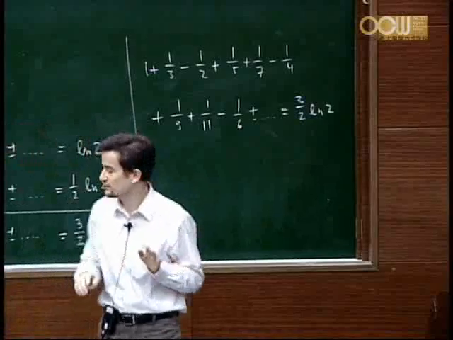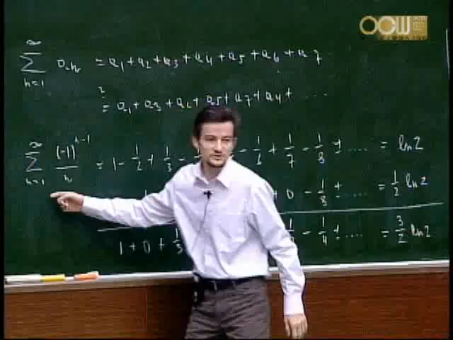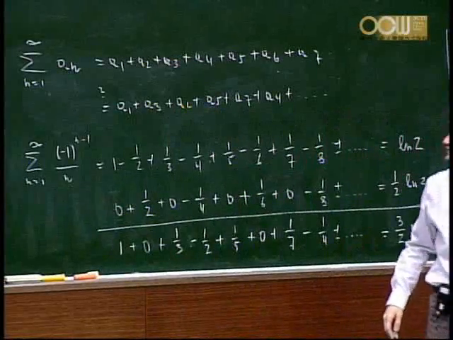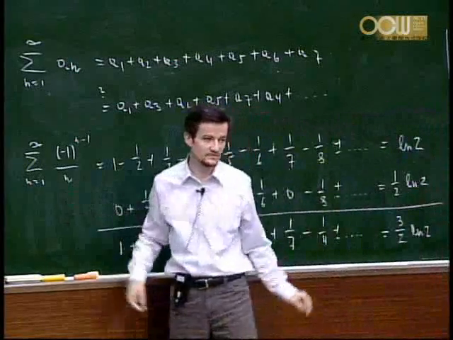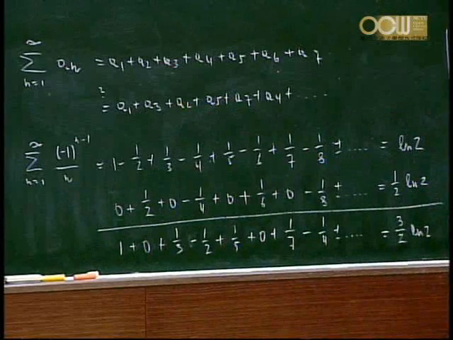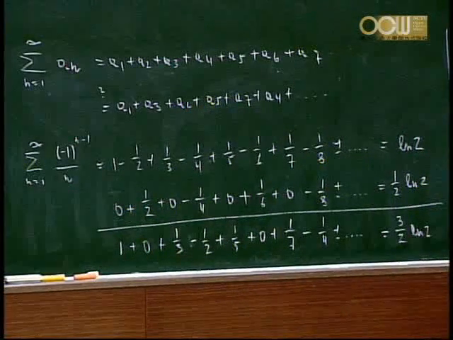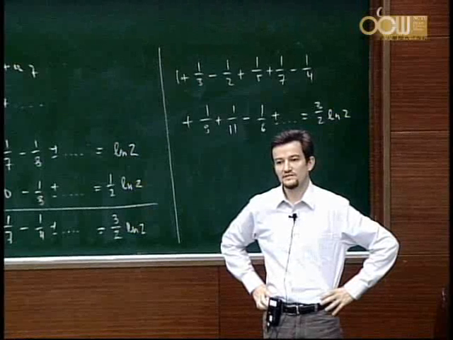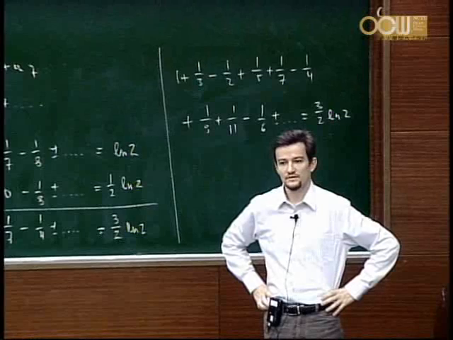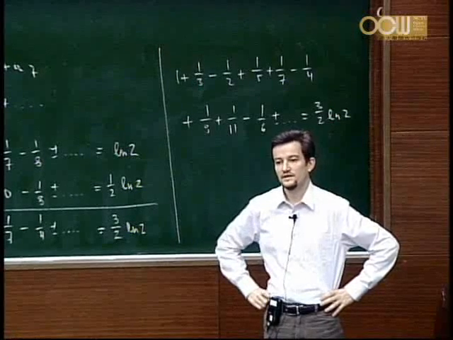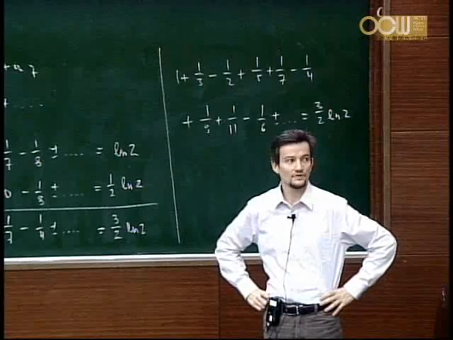The main thing is, if you start out with an absolutely convergent series, this can never happen. But if the series is conditionally convergent, this can happen if you rearrange it. Then the rearranged series might be convergent as well, but the sum is not the same. So conditionally convergent series behave differently from absolutely convergent series.